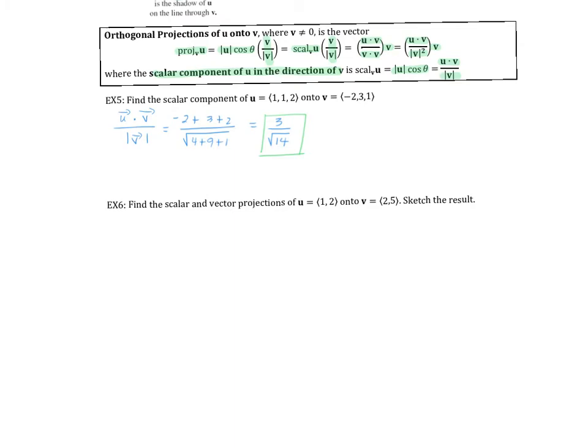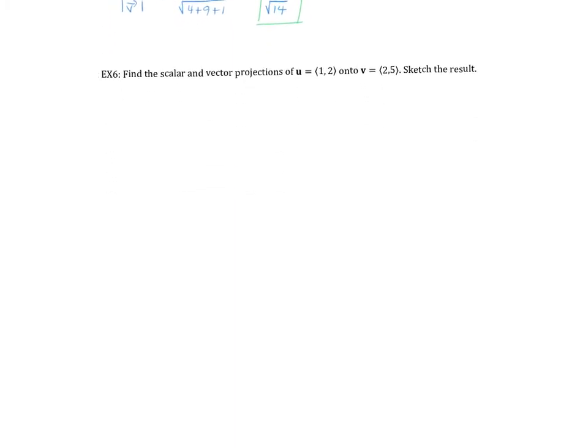Okay, so let's find both now. In example 6, we have u is 1, 2, v is 2, 5. We want to find both the scalar and vector projections of u. So first of all, I'm going to do the scalar, because once I have the scalar, it's really easy to find the projection vector. So remember scalar, S-C-A-L, with v as the subscript. It's u onto v.